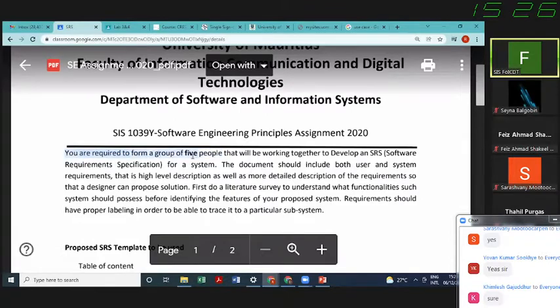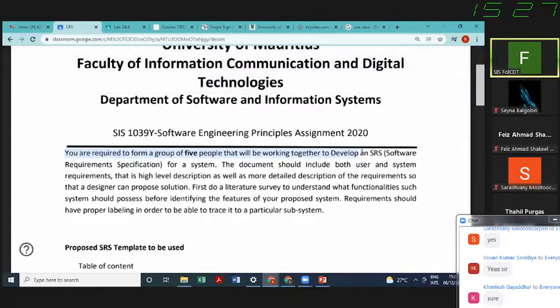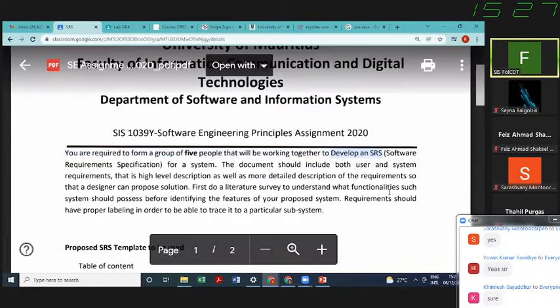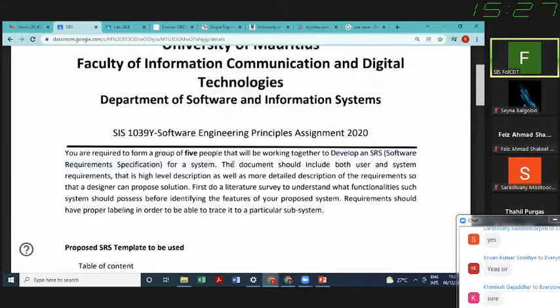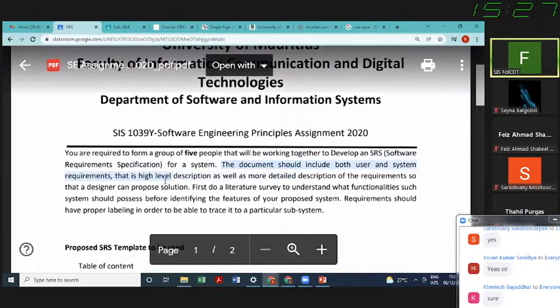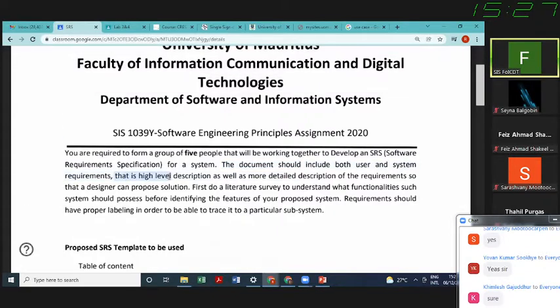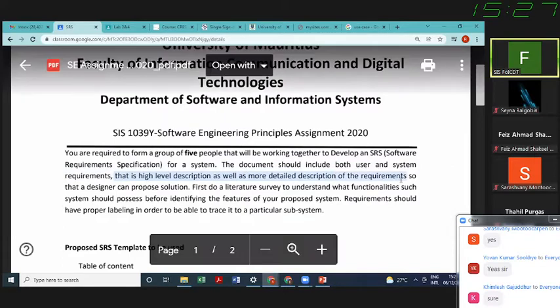So you're required to form groups of 5 people that will be working together to develop an SRS. We've seen this. This is an output from the requirements engineering process, like we discussed. So you have to develop an SRS for a system. The document should include both user and system requirements, that is, a high-level description as well as a more detailed description of the system.